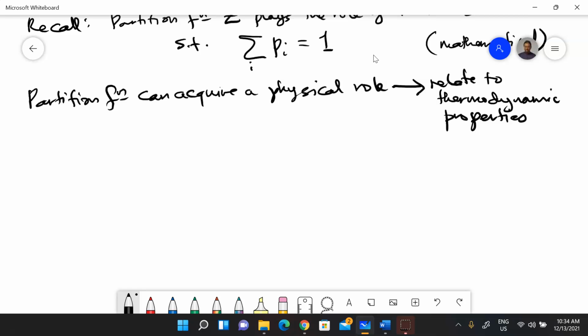So let's recall the case of the canonical ensemble, where you had your probabilities given by this.